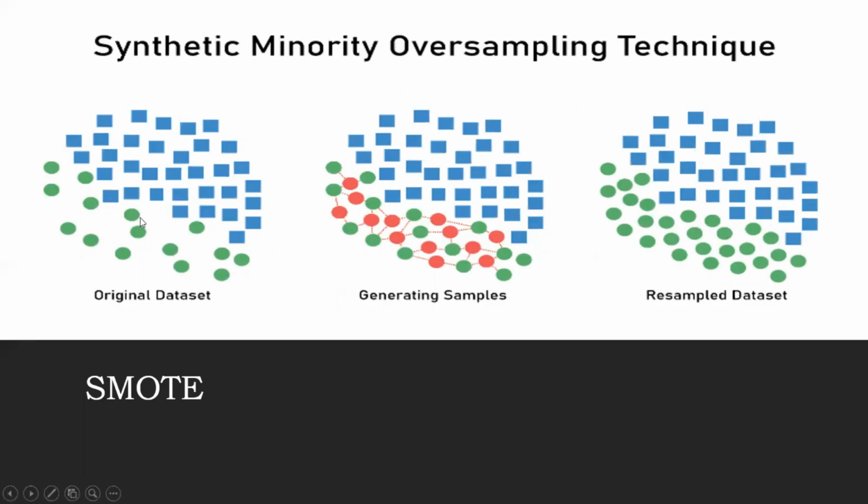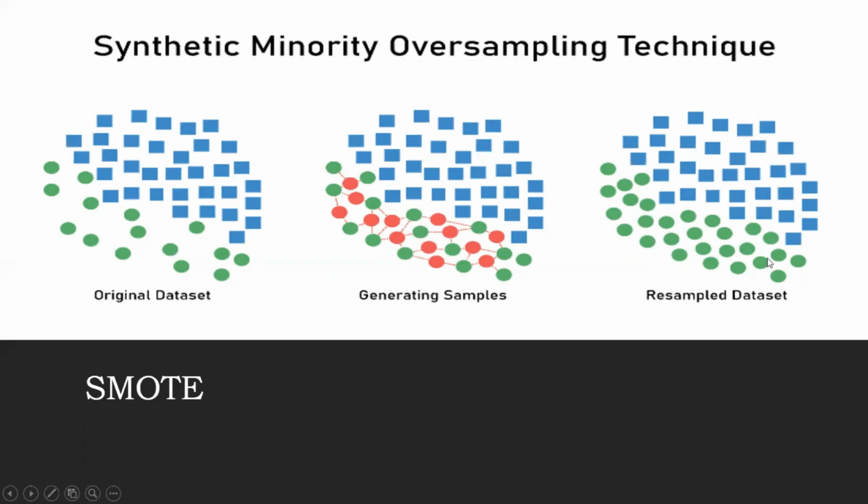As you can see, we have an original dataset here with the minority class shown as green balls and the majority class shown as blue balls. SMOTE generates the random samples by finding the k nearest neighbors.